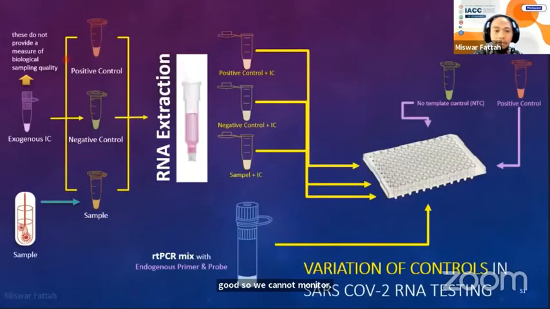There are many types of control available. We can use an exogenous control like bacteriophage, or we can use an internal control. Mostly they have a specific endogenous primer and probe.